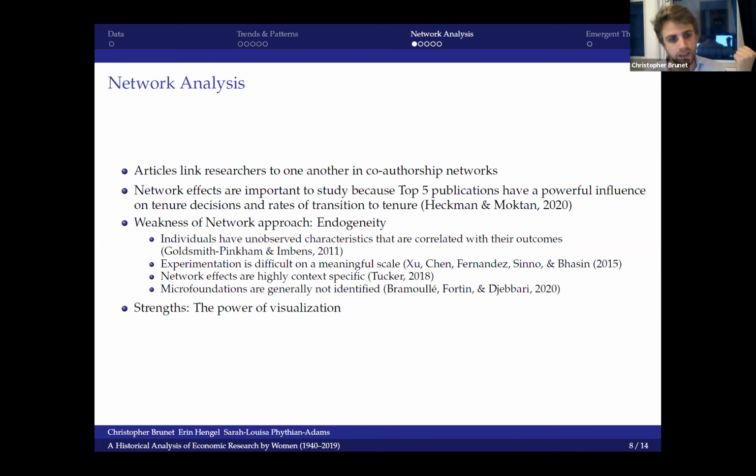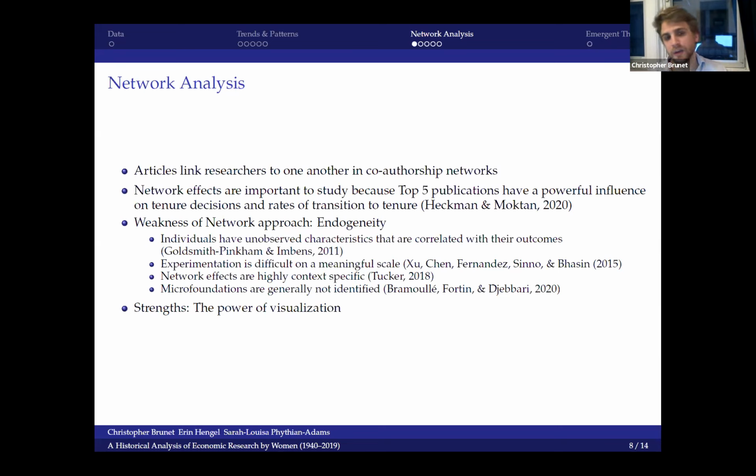The idea is that articles link researchers to one another in a co-authorship network. The reason this is important to study is because top 5, top 6 publications have a very powerful influence on tenure decisions. There's a nice paper by Heckman and Moktan, which just came out last year, called The Tyranny of the Top 5. And it talks about the tyranny of the top 5.